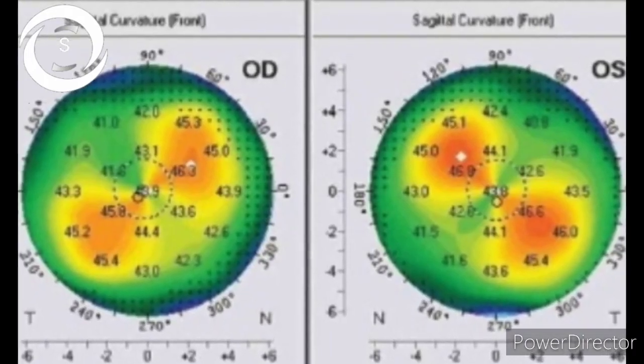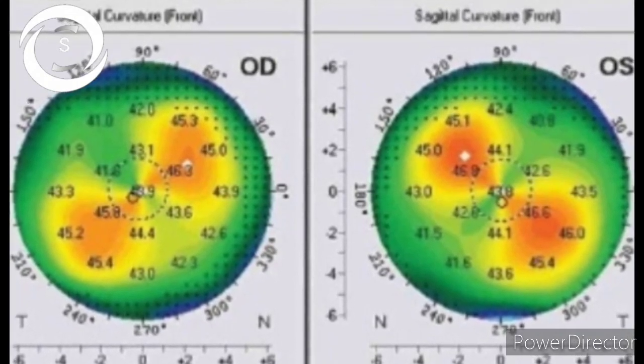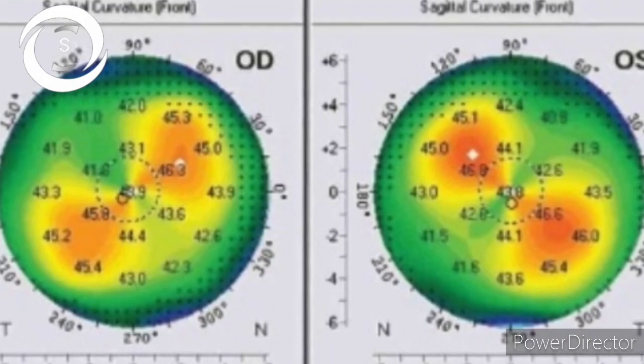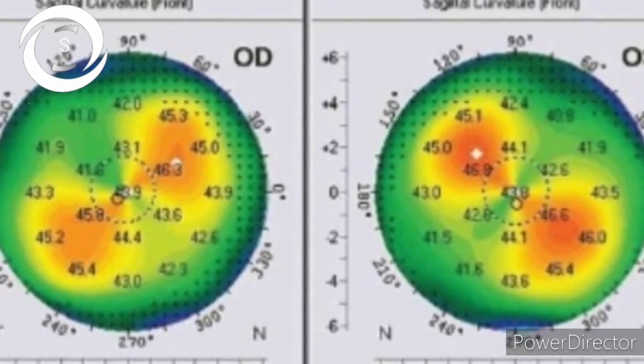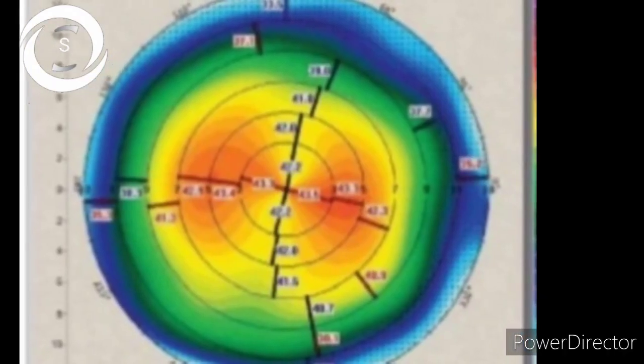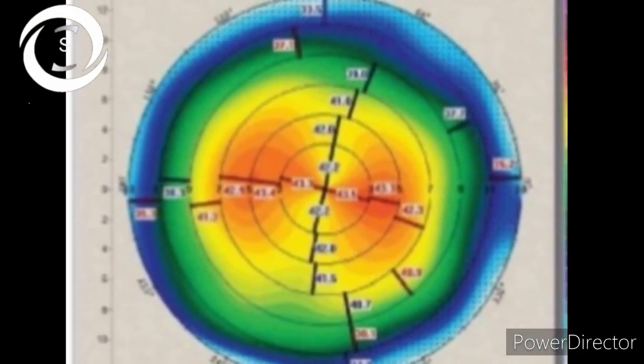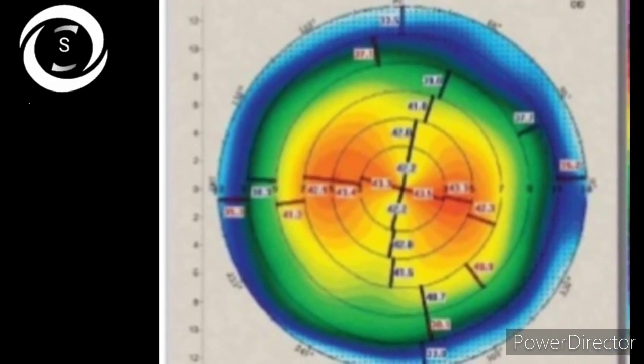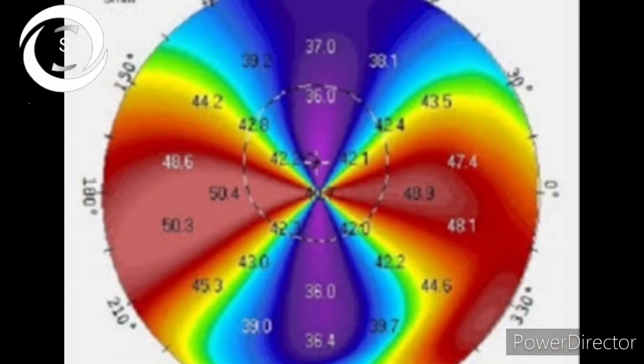Now in the third axial map, both eyes are showing symmetric oblique astigmatism, just like a mirror image of each other. Now here a horizontal symmetric bow tie presents against the rule astigmatism in this axial map.